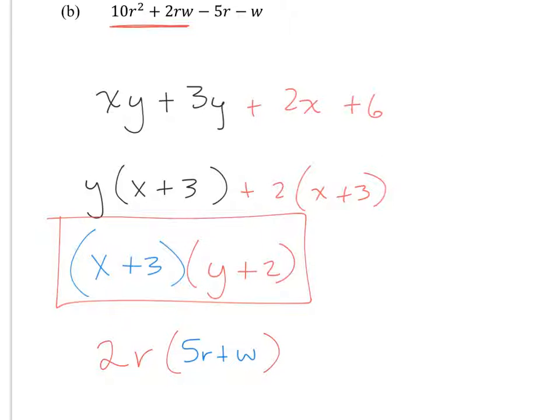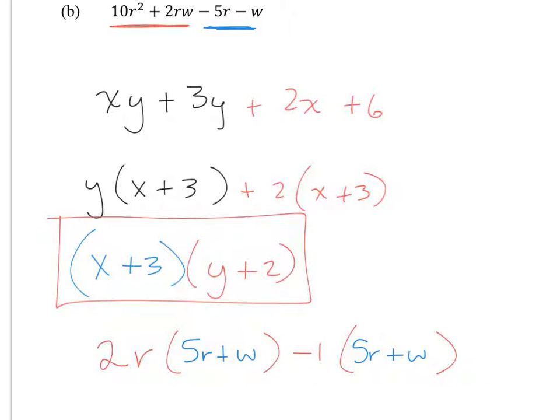Now, if you didn't know that a -1 comes out of the next two, or if you didn't do it, it's okay. But factor by grouping only works if what's inside the parentheses is the same, right? x plus 3 was here and here earlier. So that's why Sarah took out a -1. Sarah said, wait, what if I do this? If I take out a -1, it makes this -5r minus w into positive 5r plus w.